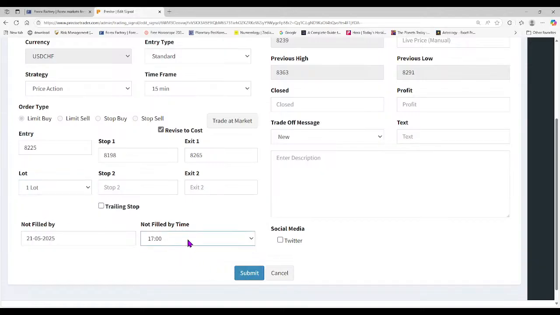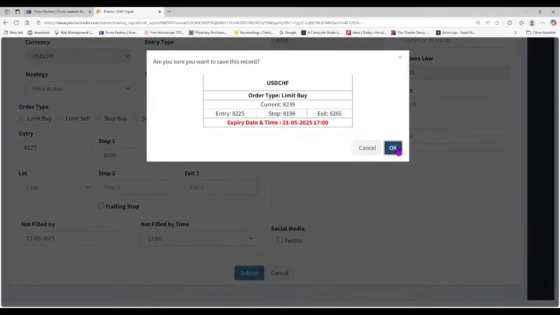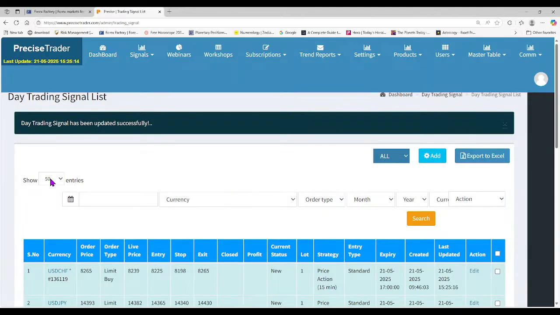Okay, one lot, and the time we give until, since this is only 15 pips, I think 5 o'clock should be fine. Okay, so let me also key in this trade, then we can see.